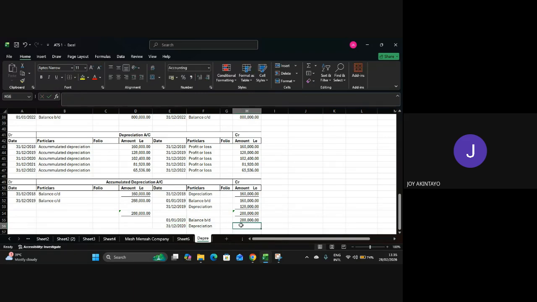So what's the depreciation value for the following year, for 2020? Depreciation value for 2020 is how much?